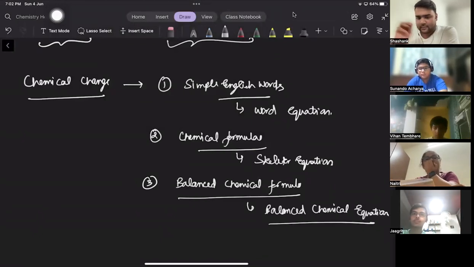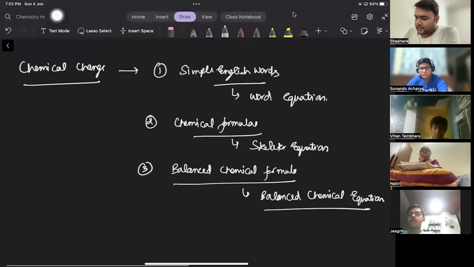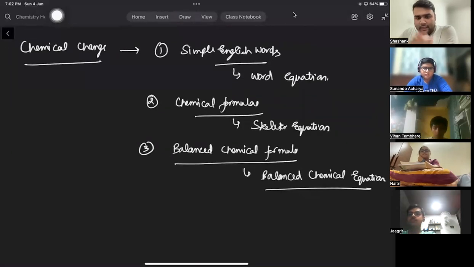Do you understand? There's a physical change, there's a chemical change, right? In chemical change, we can write it in three forms. We write just words, we have the word equation. We write just the formula, we have the skeletal equation. And when we have this properly balanced, we call it the balanced chemical equation.